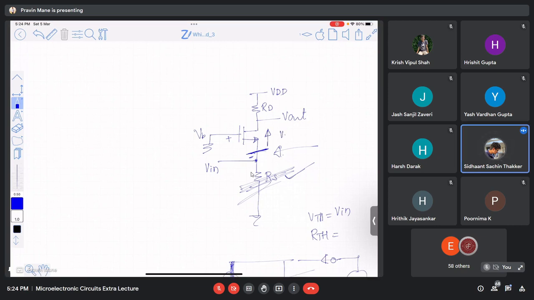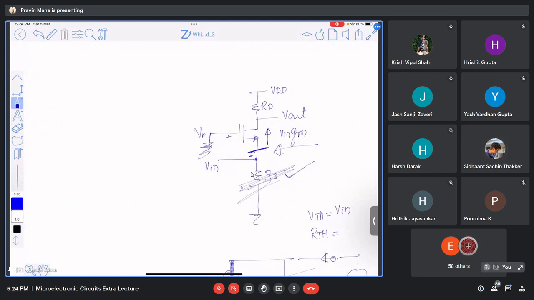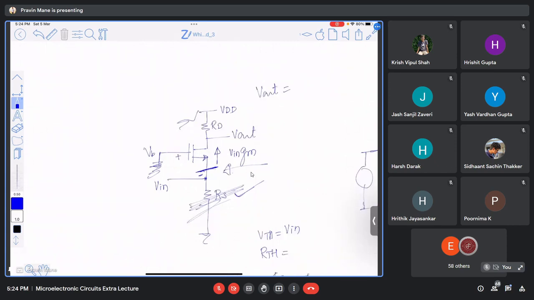GM into VB minus V. VB is a constant voltage; in gain calculation, it is connected to 0. So it is V in into GM, and negative. To make it positive, I have changed the direction. This will flow through RD. What will be V out? GM V in into RD. So what is V out by V in? GM into RD. This RS is not going to come into the picture.